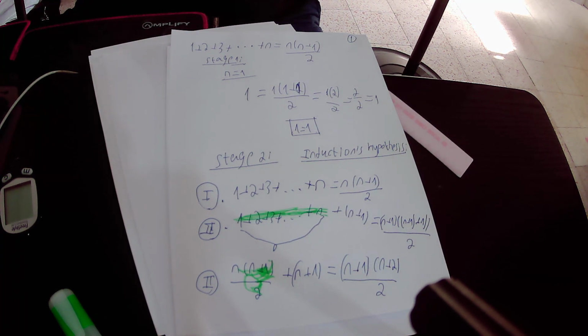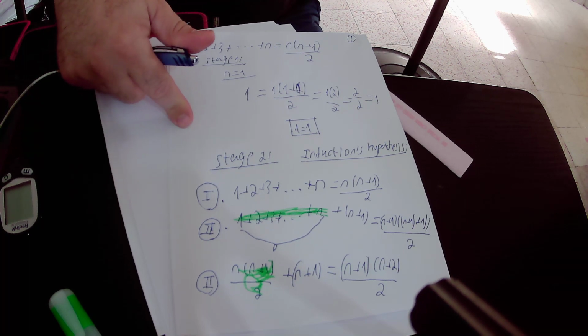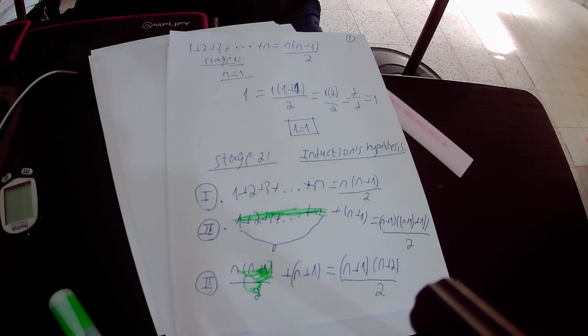So it is also true for 3, and because it's true for n equals 3, it must be true also for n plus 1, which is 3 plus 1, that equals 4.